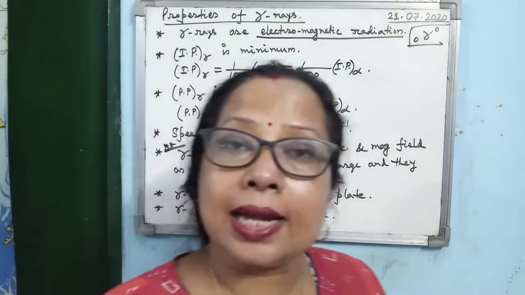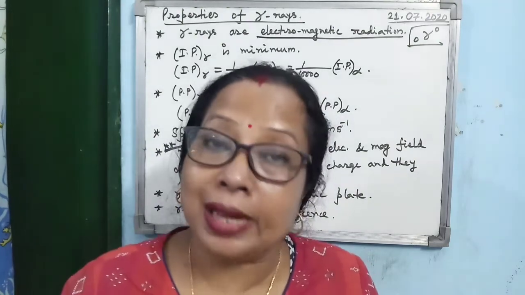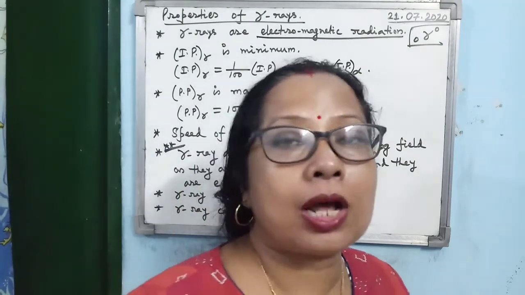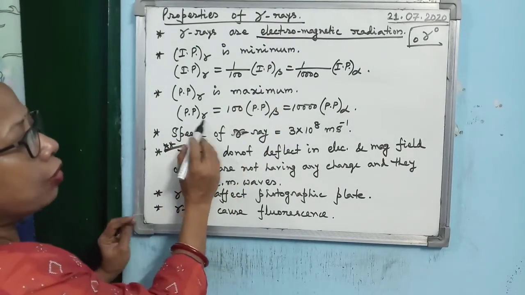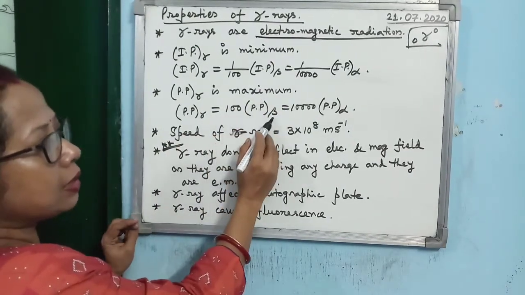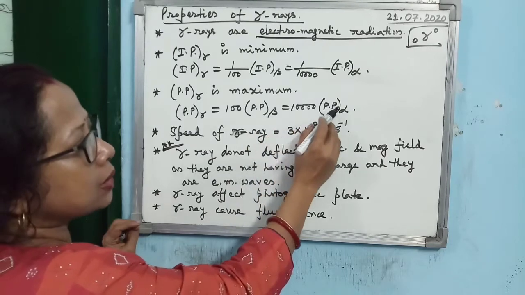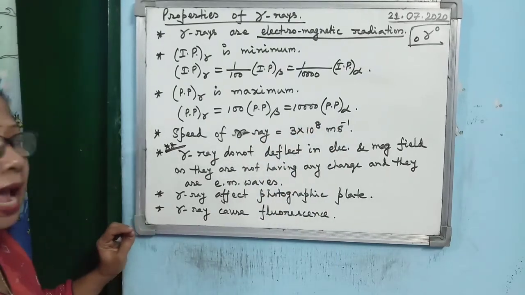As the ionization power of gamma is minimum, the penetrating power of gamma is maximum. That's why the penetrating power of gamma is 100 times that of beta, 10,000 times that of alpha.